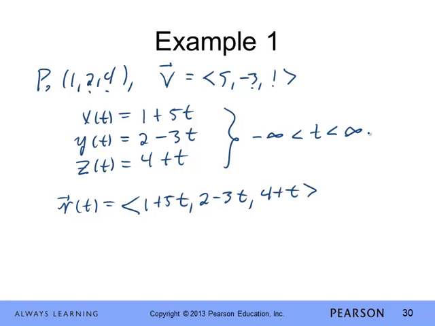That range of values applies both for the set of parametric equations and, it would be implied for your r function that all values of t are game, unless you want to limit that line to some segment or ray or whatever. But there you go. That's how you write your line in 3 dimensions, if you know your point and a direction vector.